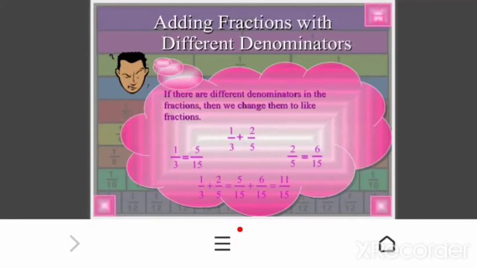Change 1/3 into an equivalent fraction, that is 5/15, and 2/5 is equal to 6/15, where 15 is the LCM of 3 and 5. Now after that, 1/3 plus 2/5 is equal to 5/15 plus 6/15, which gives the answer 11/15, that is the final answer of the given question.